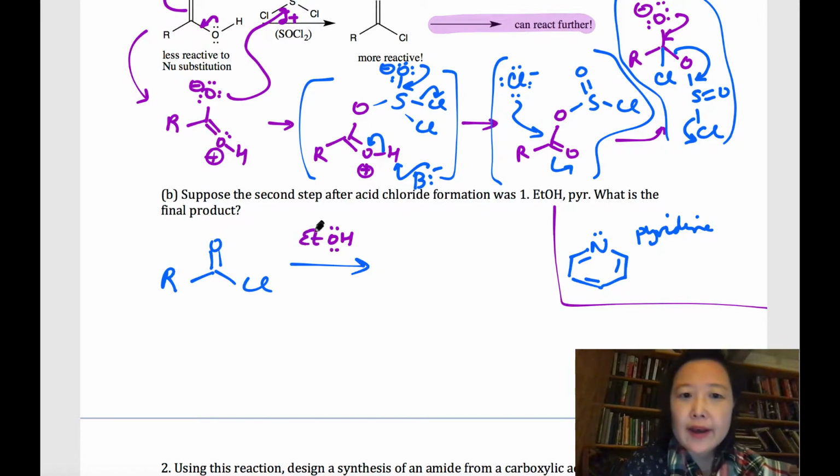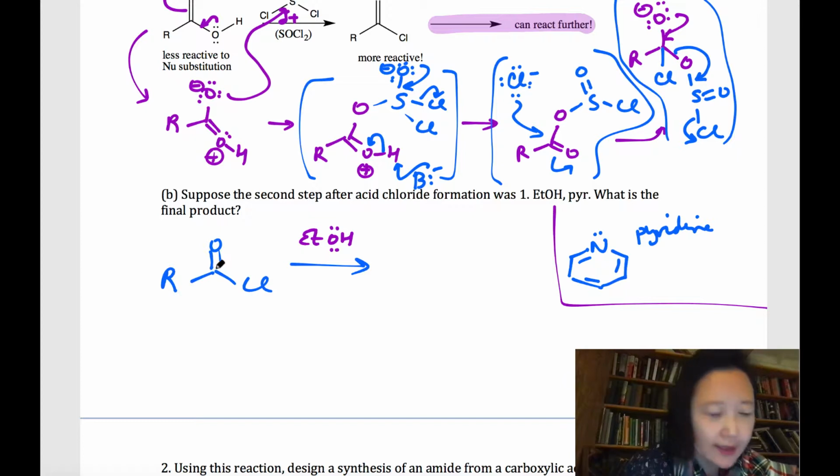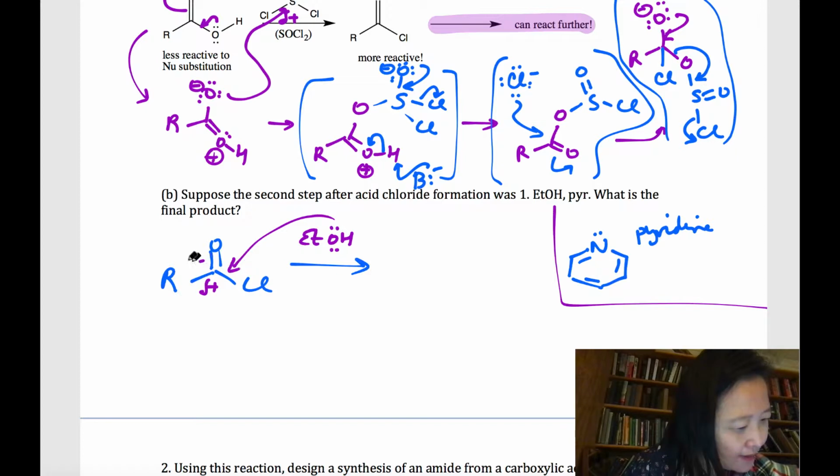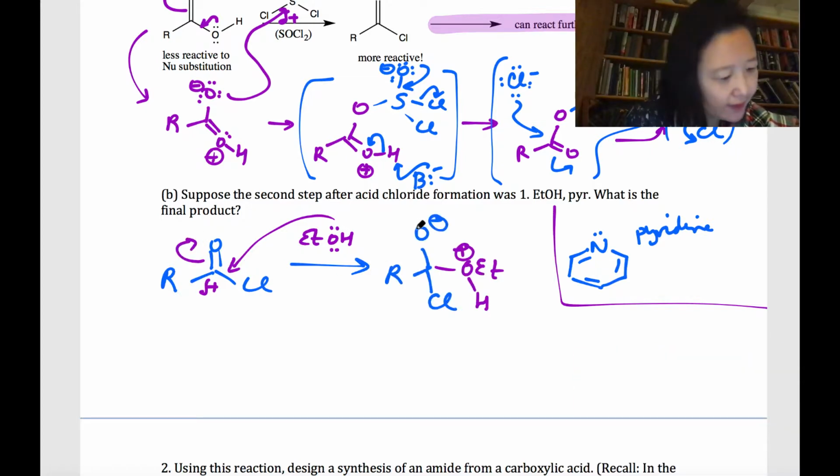Ethanol is our nucleophile. I can tell because this is my electrophile here. Now it's just the regular reactions where you attack and you release. So I'm going to have this, and once I have this, just to get something different, I can release that. And I can also have pyridine.